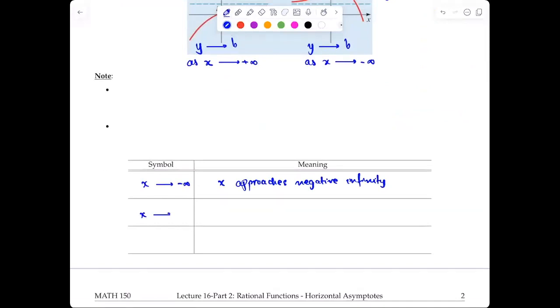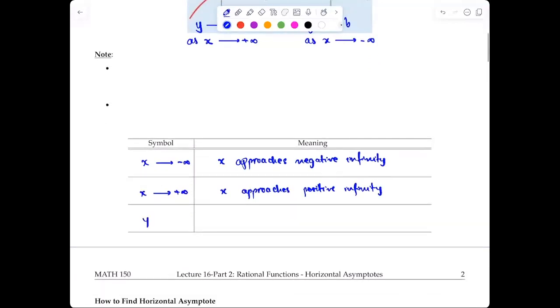This notation means that x approaches positive infinity. And y arrow b means that y approaches b, or the output approaches the value b.